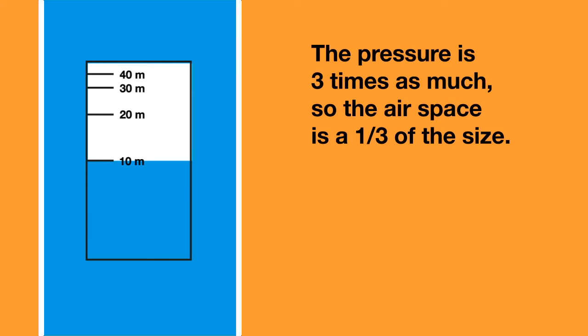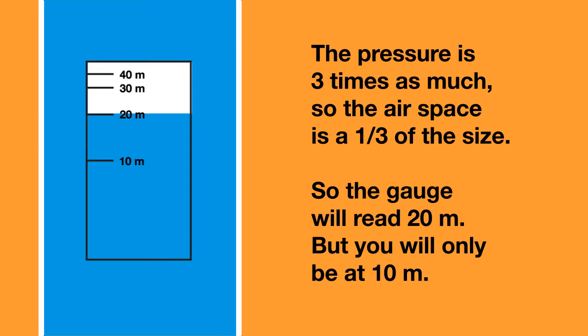This means that the pressure is 3 times as much as it was at the surface. At the surface it was 0.5 bar, and now at 10 meters it's 1.5 bar. Therefore the airspace will be 1/3 of the size. The gauge will read 20 meters when you're at a depth of 10 meters.